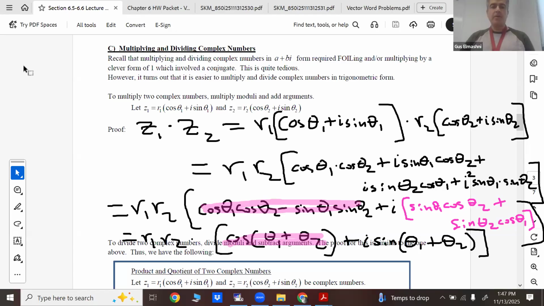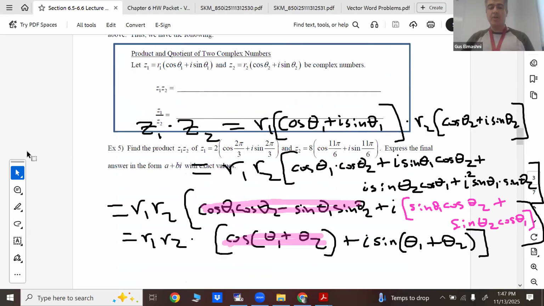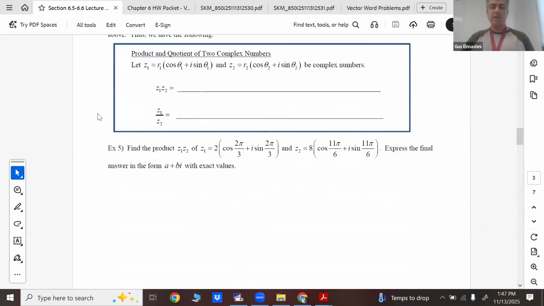So to sum up the proof, I'm not going to prove the quotient, it's going to take too long, but just to summarize: you're going to do R1 R2, cosine, my apologies, cosine theta 1 plus theta 2 plus i sine theta 1 plus theta 2.